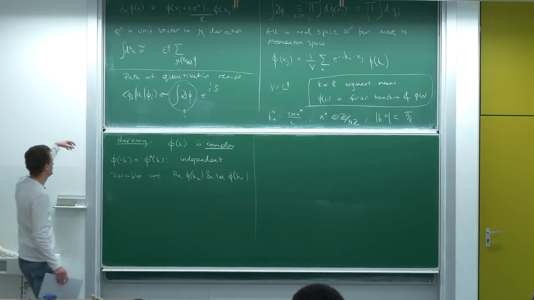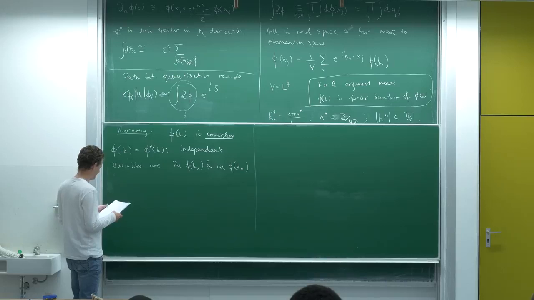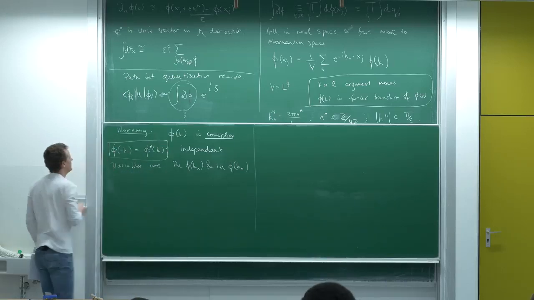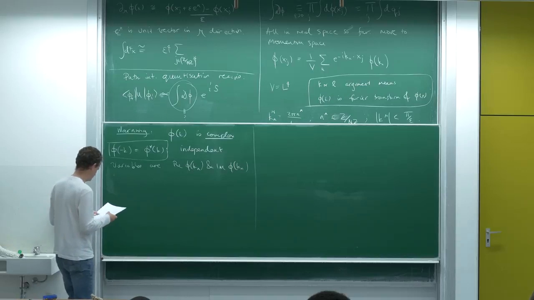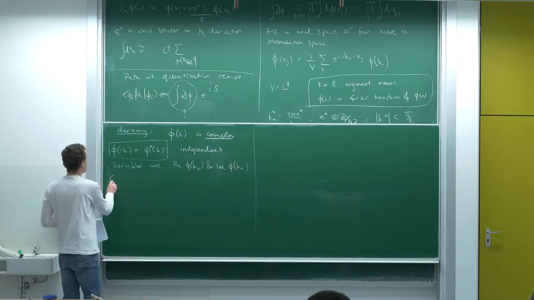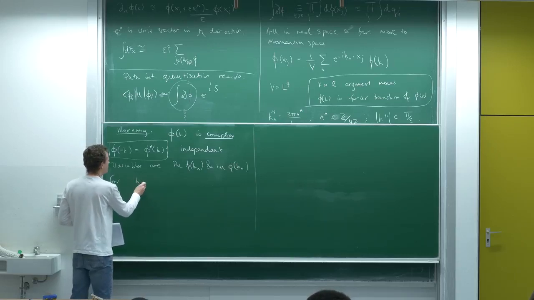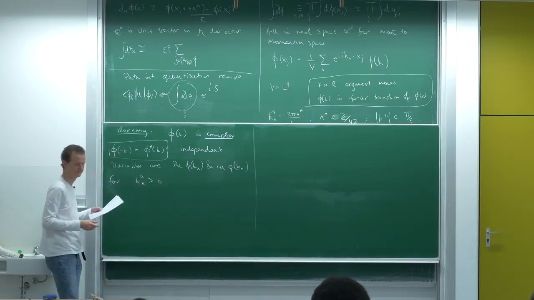If it's complex, you have to deal with the fact that you have real and imaginary parts. But this condition here, phi of minus k equals phi star of k, gives us a constraint, and we can solve for that constraint by demanding that the naught component of k_n is always greater than 0.